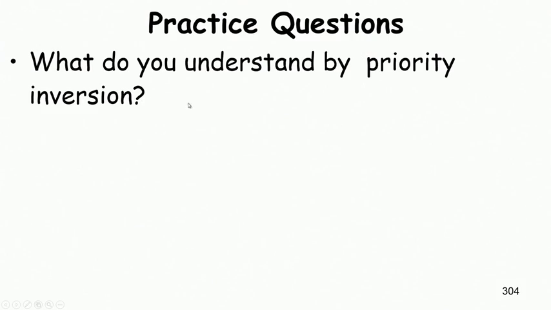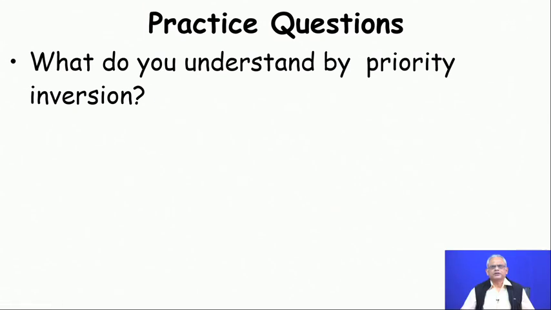We are almost at the end of the course. Now, let us do a few practice questions before we complete the course. This we have already discussed, but just to check whether you have really followed the course. One of the crucial issues that arises when tasks share resources and we do not have adequate support for resource sharing is the priority inversion problem.